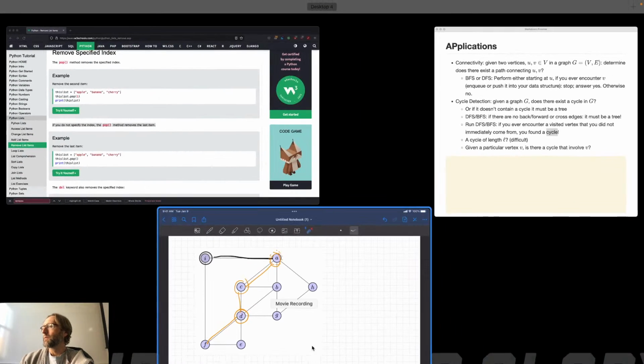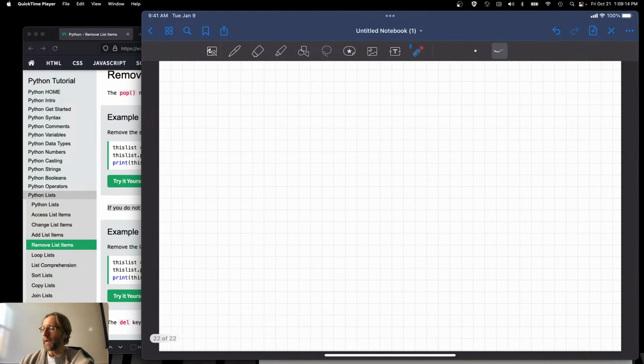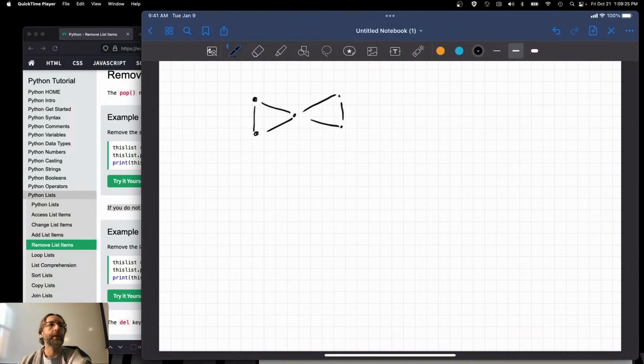So, for example, this is kind of an uninteresting example because every vertex is involved in some cycle. But what if we had something else, like, say, a bow tie. There. This vertex is involved in a cycle right here.